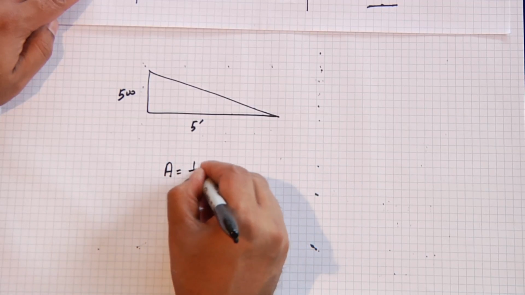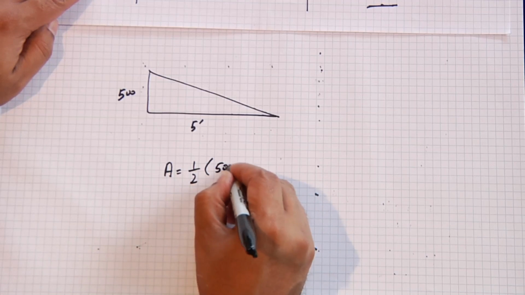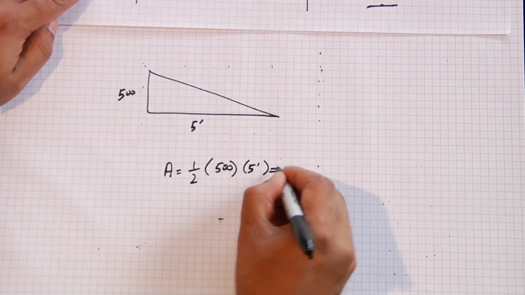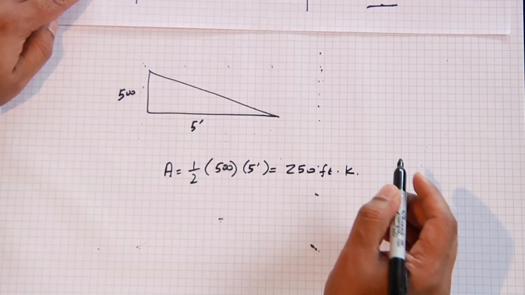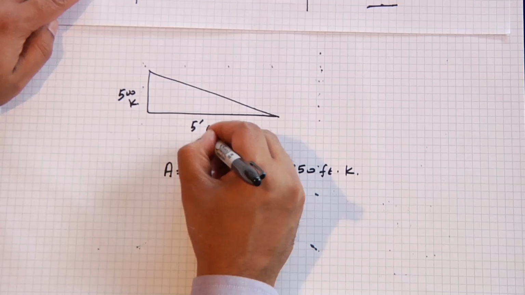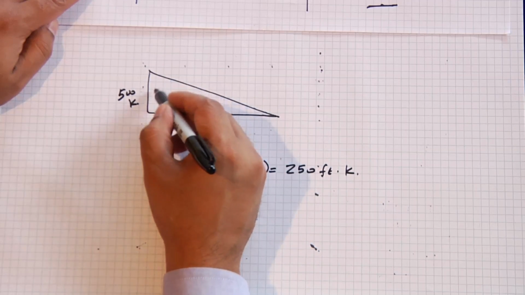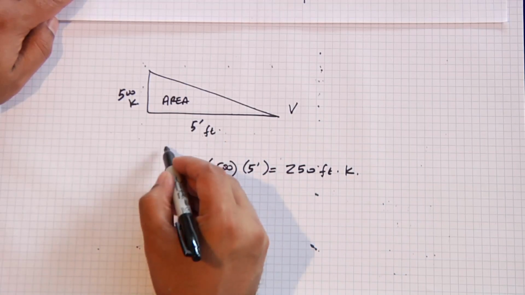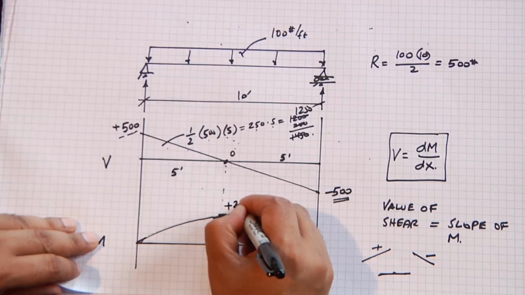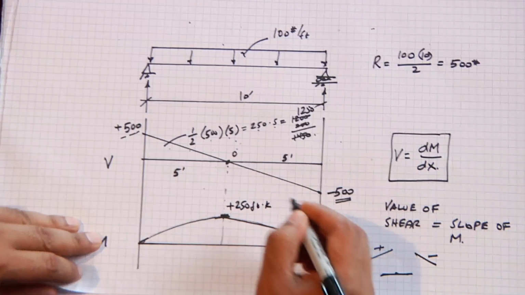The area under a triangle, 1/2 the height times the base, becomes 250, and the units are foot kips because this is in kips, this is in feet. That gives us the area. This area under the shear diagram is equal to this maximum moment, 250 foot kips.